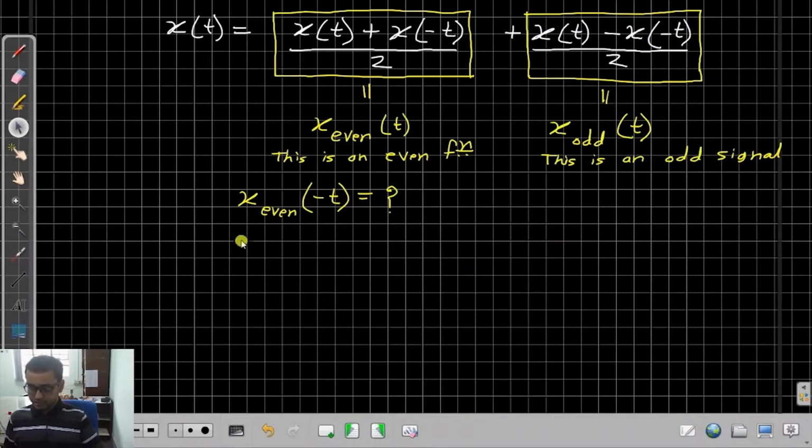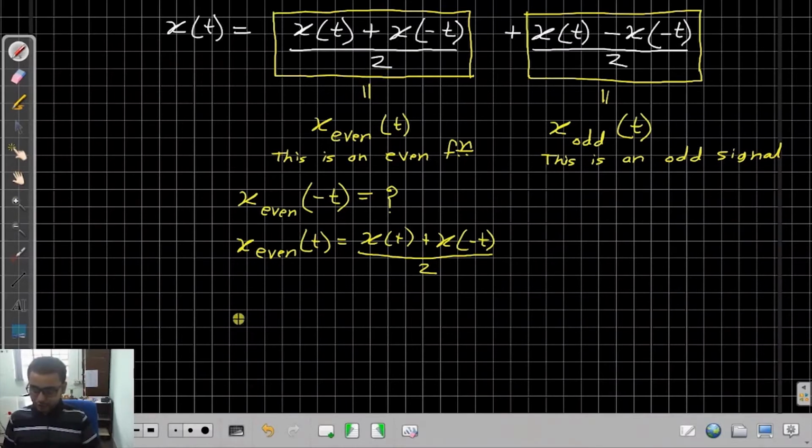Let me first write that x even t is the same as x of t plus x of minus t, whole divided by 2. This is as per the definition, as I have named it.